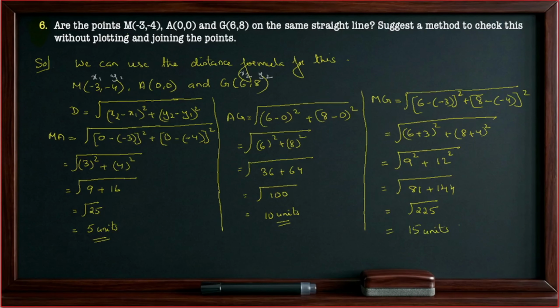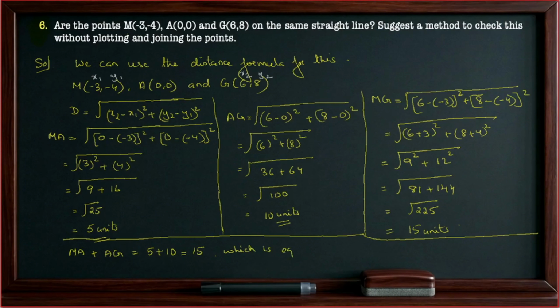Now we got the value for MA, which is 5 units, AG which is equal to 10 units, and MG is equal to 15 units. Now let's check MA plus AG, which is equal to 5 plus 10. This is equal to 15, which is equal to MG.